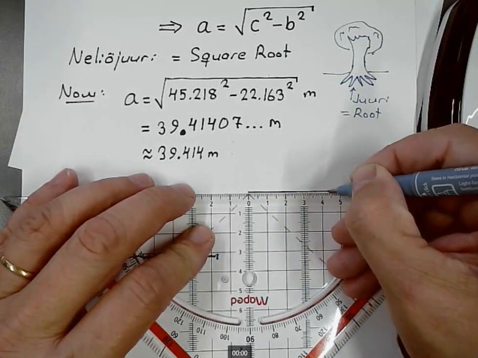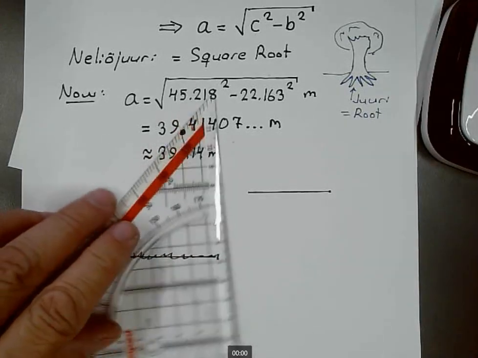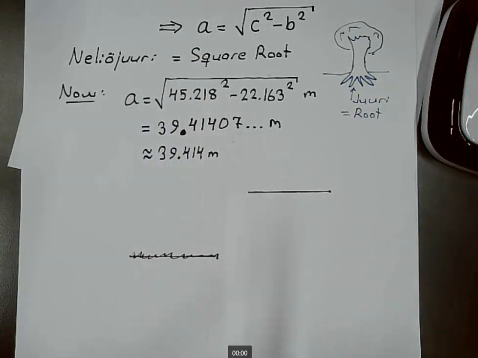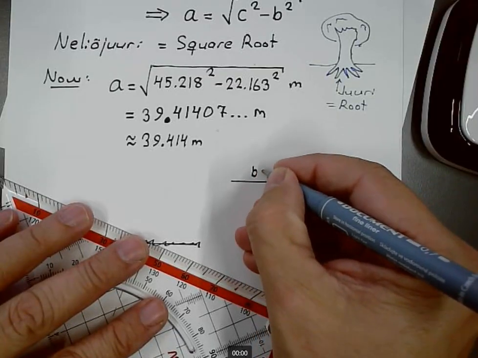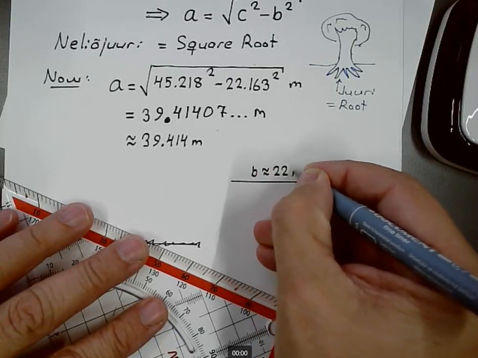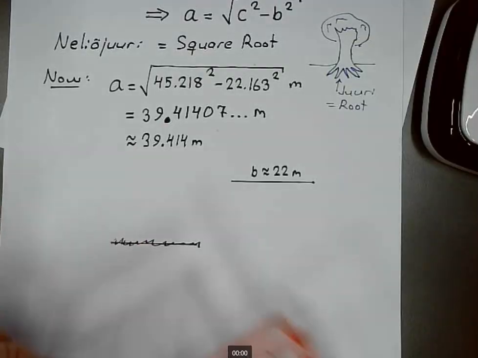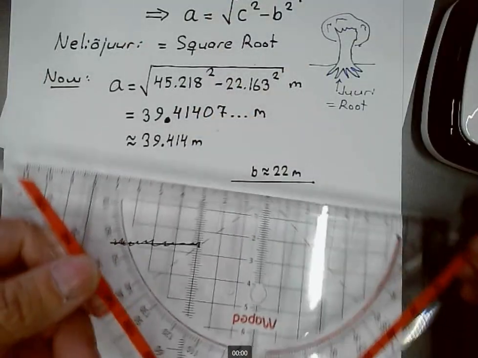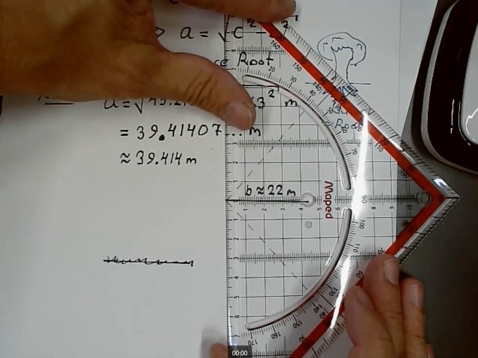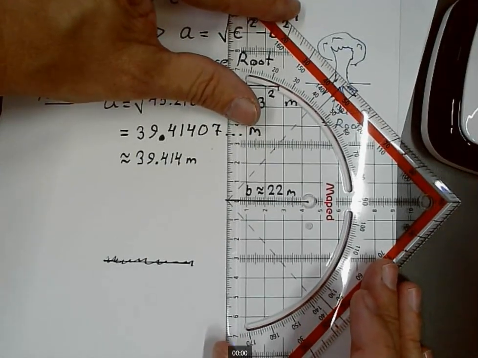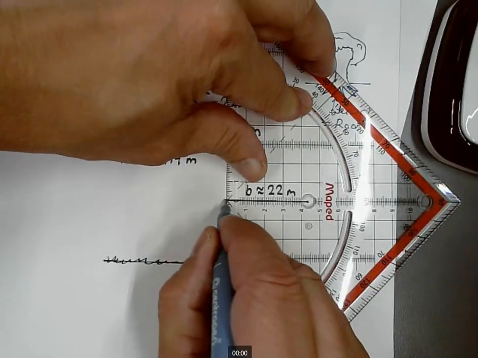So it is here. And then I have a right angle here. So this is B, about 22 meters, and I draw it with the length of 44 millimeters. So here must be a right angle, and somewhere here there is the side A.